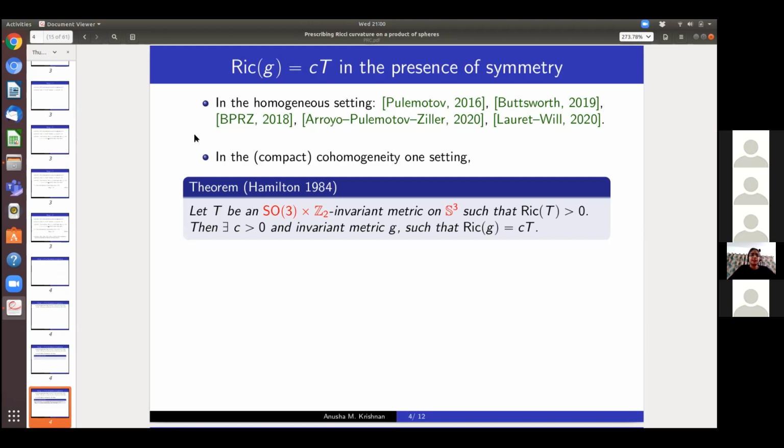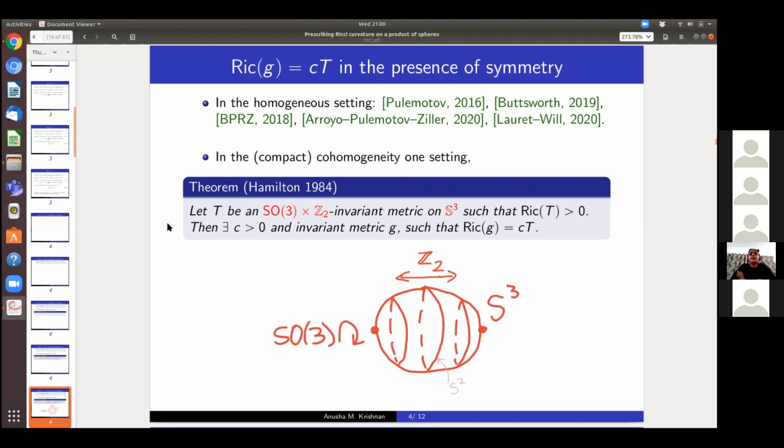So the result that I'll be talking about, which is joint work with Tim Buttsworth, kicks off from this theorem. So I will describe the setup of this theorem as well as Hamilton's proof in some detail. That would provide some more motivation for the work that we do. Okay, so what is this manifold? We're looking at the three sphere with the action of SO3 times Z2. Let's first ignore the Z2 part and just look at the action of SO3 on the three sphere.